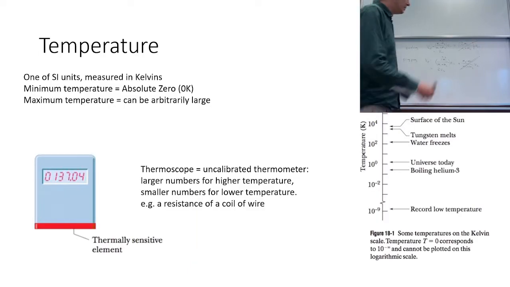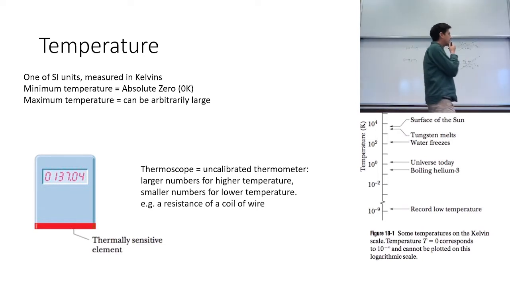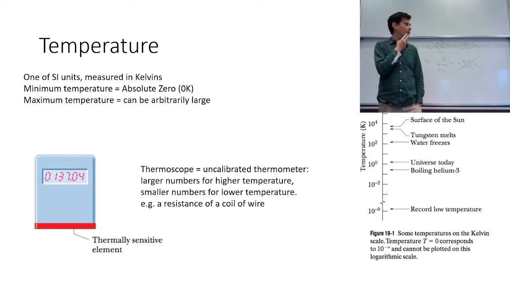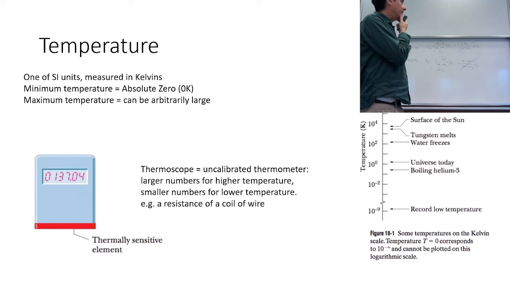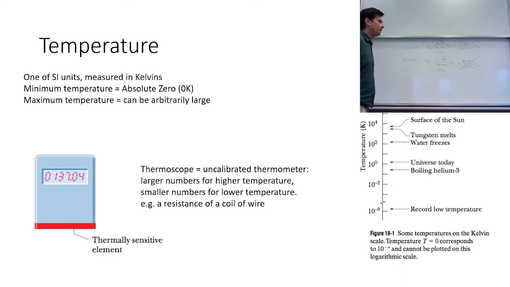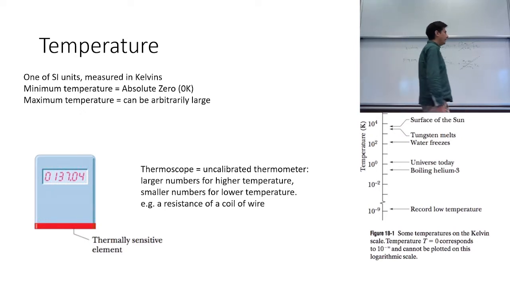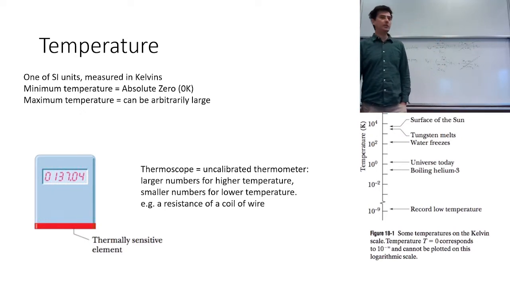Okay, but starting with some basics, I think everybody knows what temperature is. Roughly speaking, it's a measure of how hot or cold something is. The usual units that we will use are kelvins, and the Kelvin scale has an absolute zero, a temperature where there's no lower temperature.